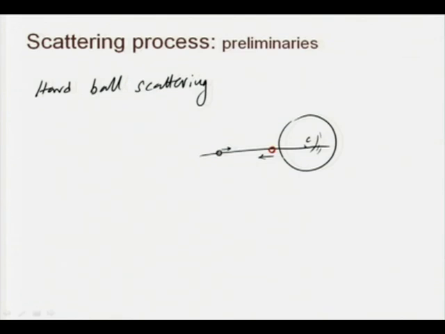Now, if you instead take this original bead and send it in such a way that the momentum is not directed towards the center, take the momentum direction and a line passing parallel to that direction but through the center, and then there is a small gap, let me call that b.